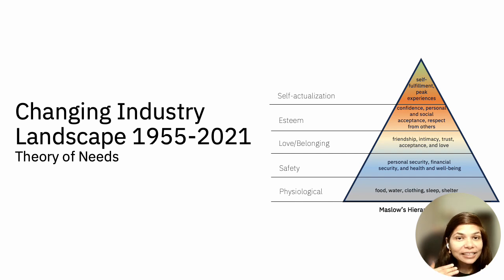Once your physiological and safety needs are met, you will start longing to fulfill your love belonging need, and so on. As a product manager or marketer, it really helps you understand what needs your envisioned product or service is going to satisfy for your customers.